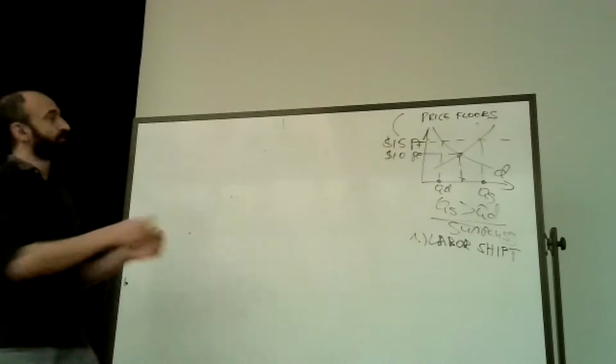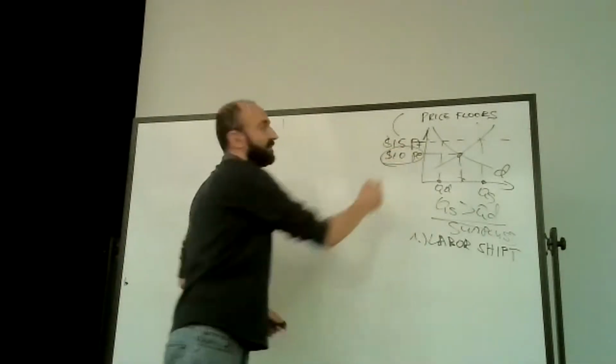If you have to pay somebody $15, you're at least trying to make this person create $15 of value. So you're not very likely to employ this person with very low skills who can create only $10 for you. You're going to replace him or her with somebody who is more productive.